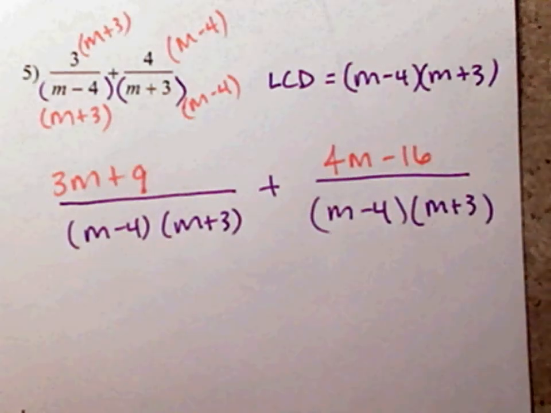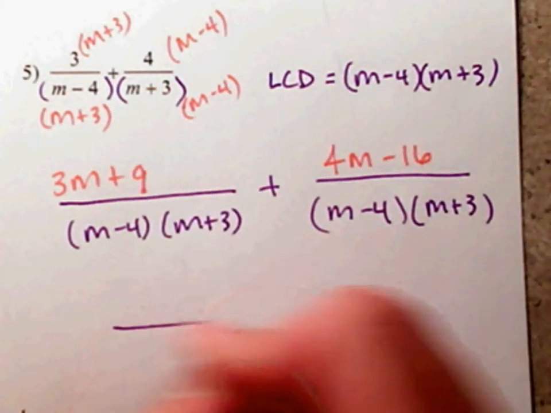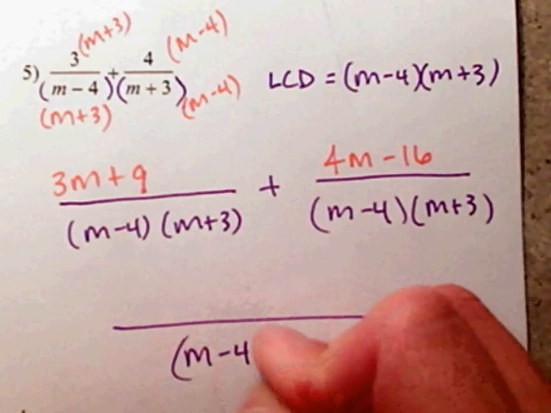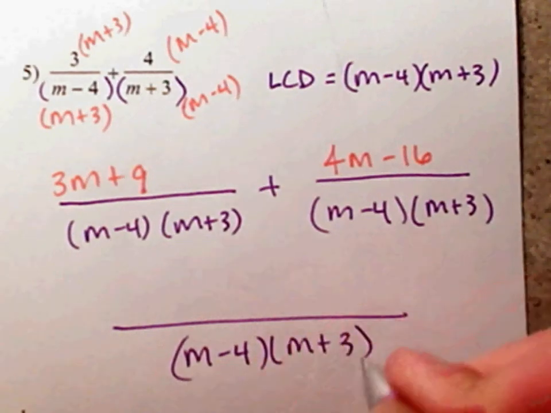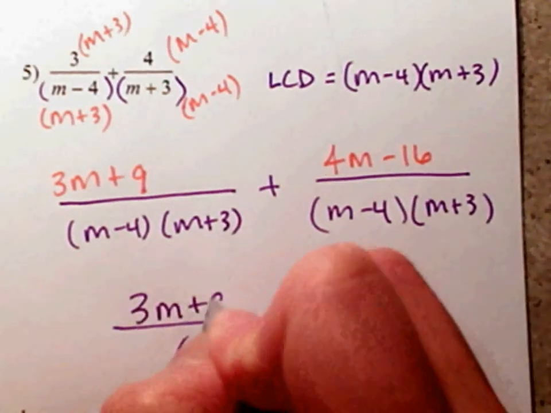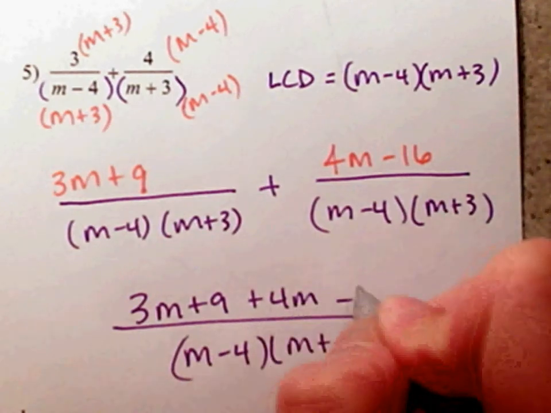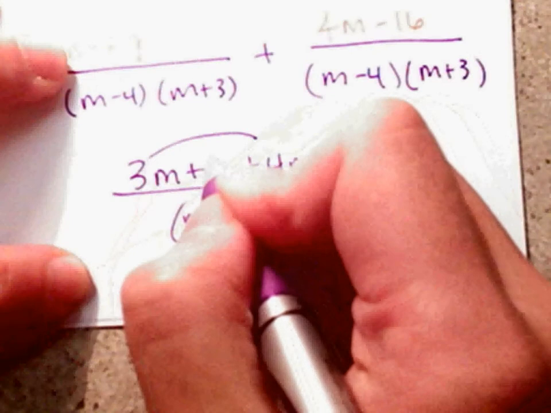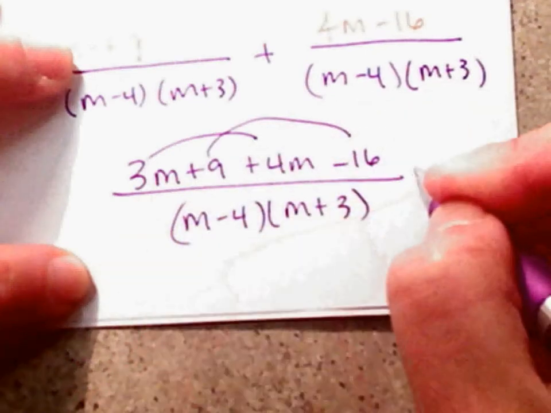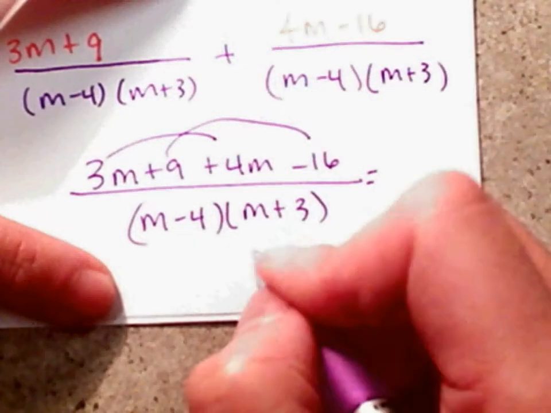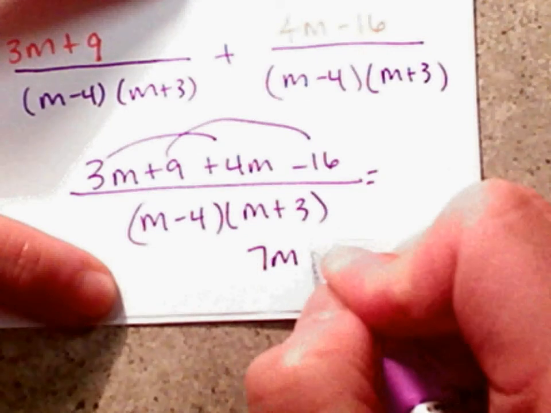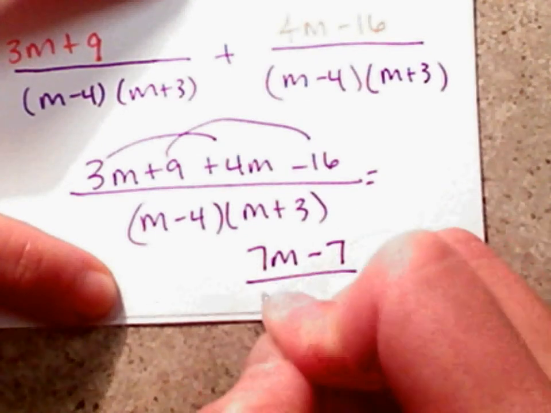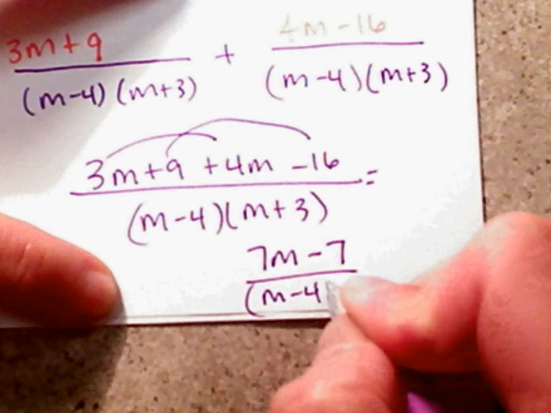Now rewrite it to make it look like 1. m minus 4 times m plus 3. So you have 3m plus 9 plus 4m minus 16. Combine your like terms, and that'll give you 7m minus 7 over m minus 4 times m plus 3.